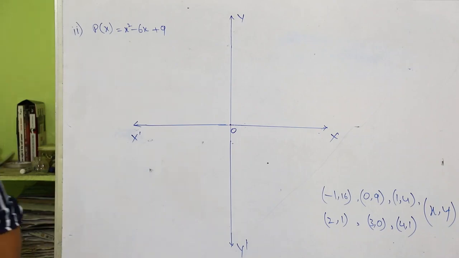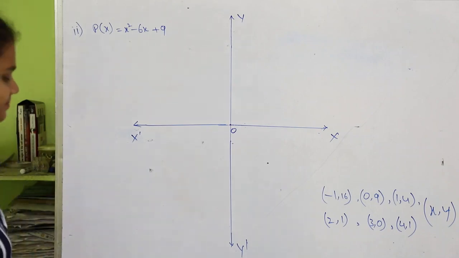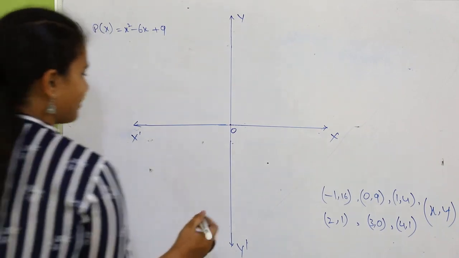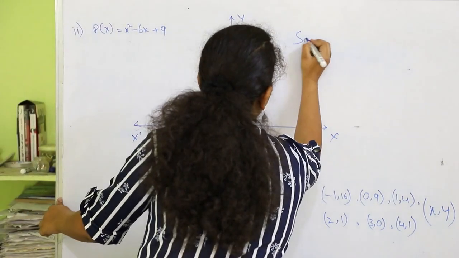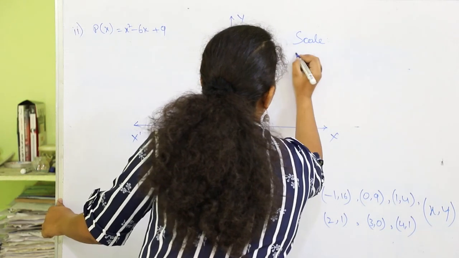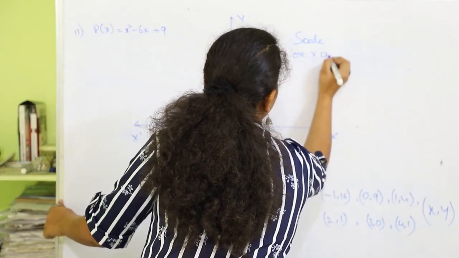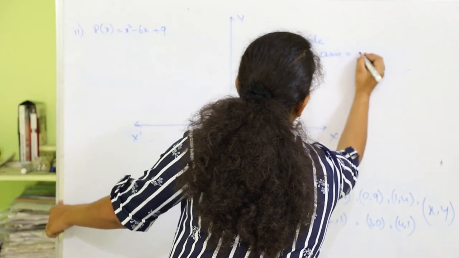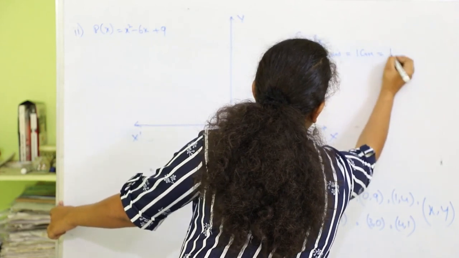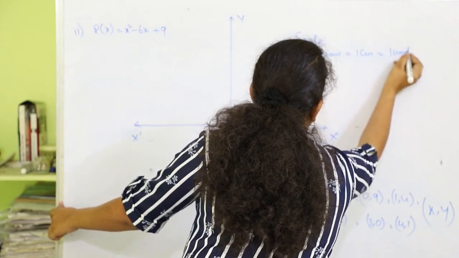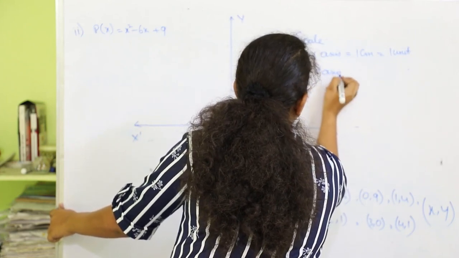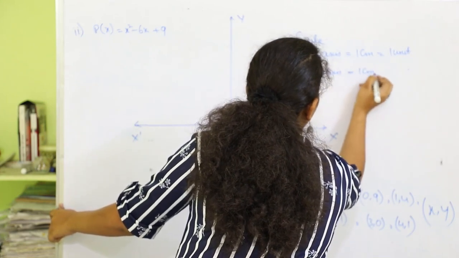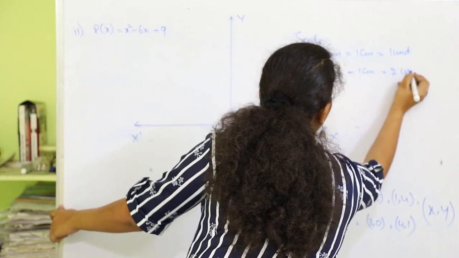Now firstly, let us write down the scale. The scale on the x-axis is 1 centimeter equals 1 unit. Next, the scale on the y-axis is 1 centimeter equals 2 units.